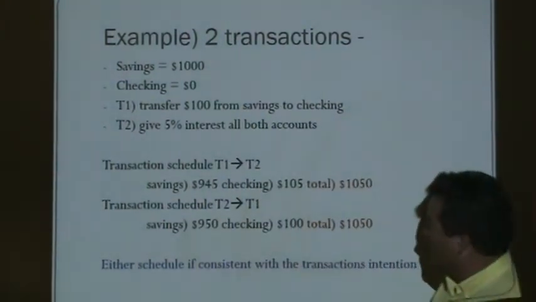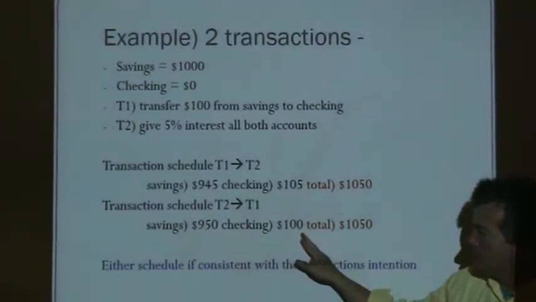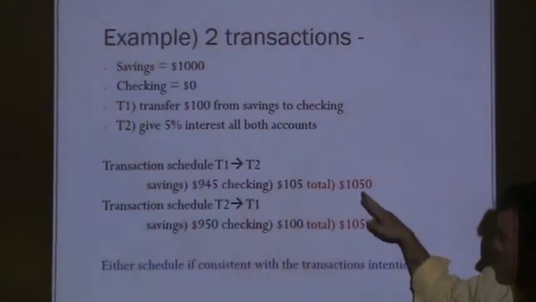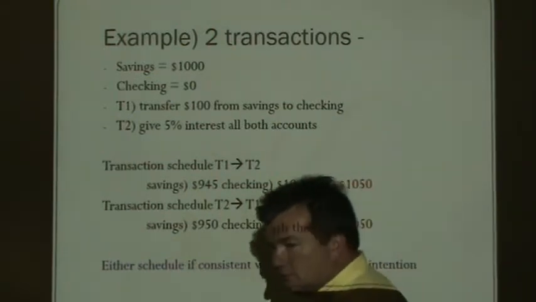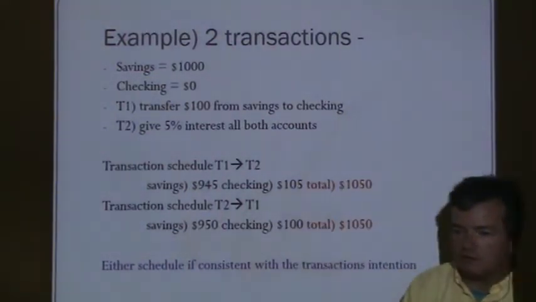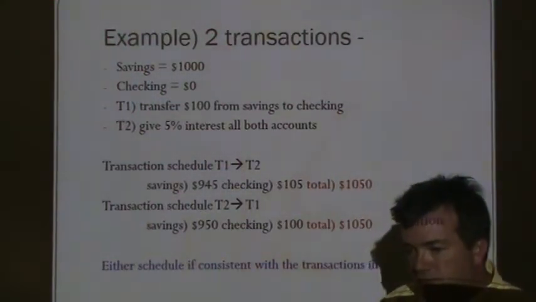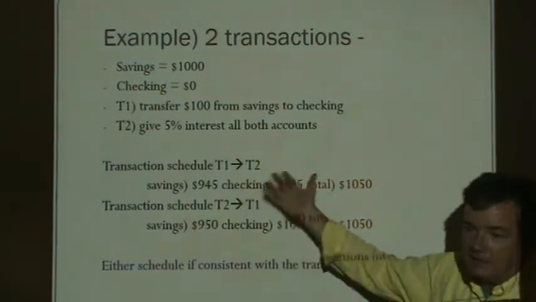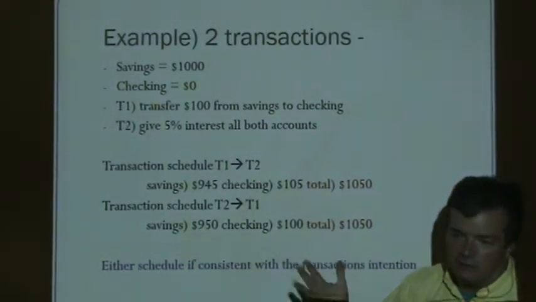So then we would have $950 and $100 as opposed to $945 and $105. In either case, the customer has $1,050, and if the customer logged in and saw that two transactions happened, one the transfer and number 2 the interest was paid, they would look at either one of these two results and say, yeah, that's consistent. Even though they're two different results, the customer would say, okay, yeah, no problem.